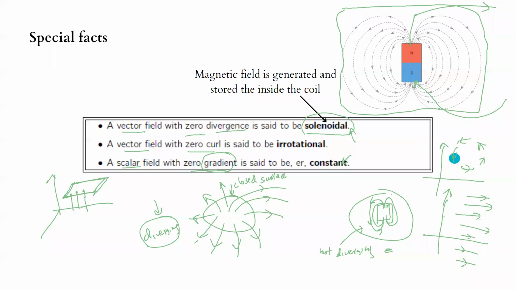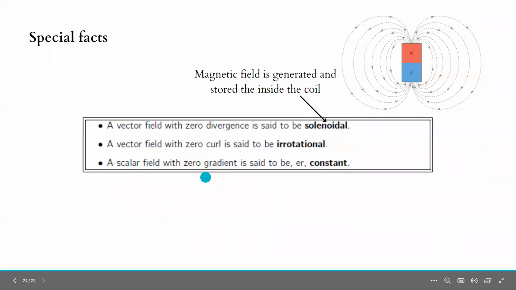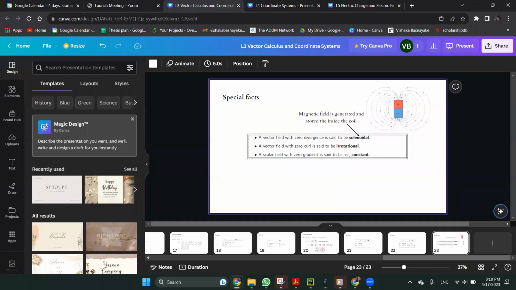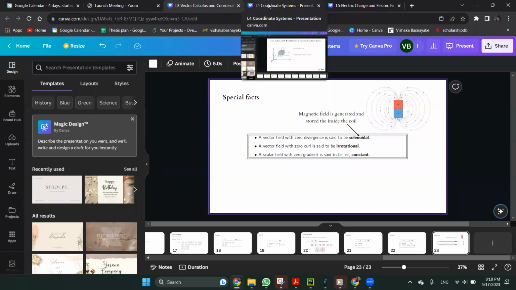So likewise, the behaviors of a vector field are shown by these operations, right? We can check those operations and find the behavior of a vector and a vector field.